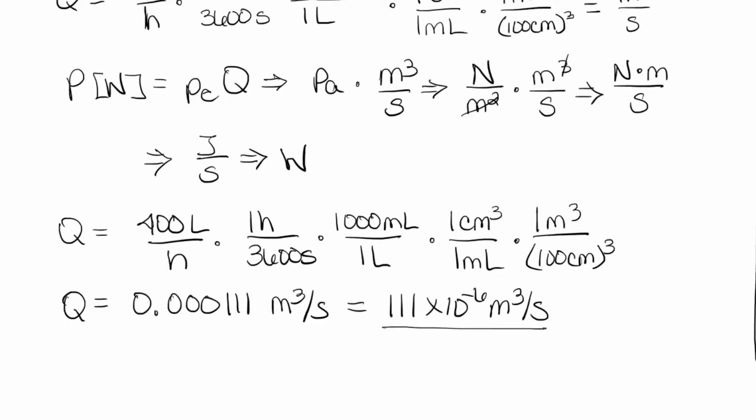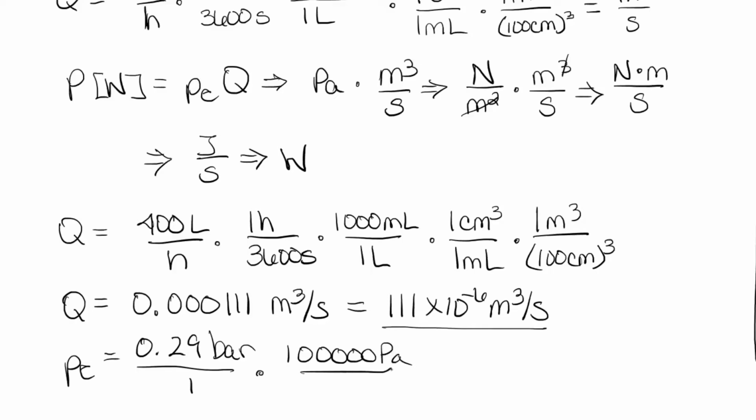If I want to convert my pressure, the first pressure reading was 0.29 bar. So I have 100,000 pascals per bar, which will give me 29,000 pascals.